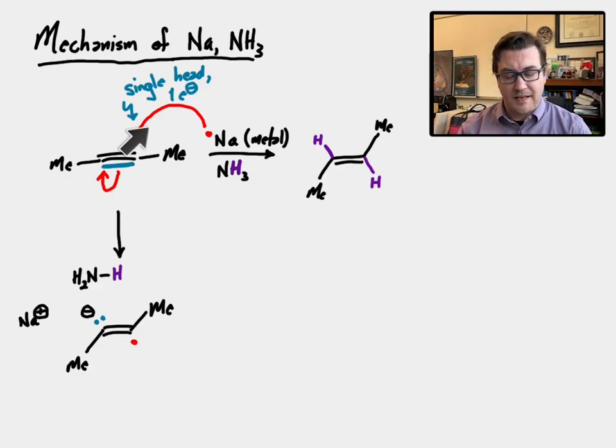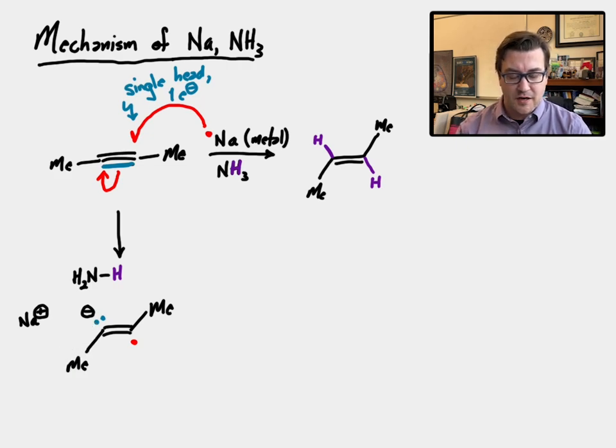So we use the single-headed electron arrow here. As this electron interacts with this triple bond, one of the pairs of electrons from this double bond has to move onto the carbon, otherwise there would be too many electrons on any given carbon.